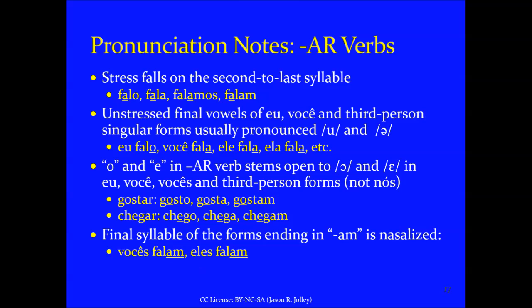So you're going to hear gosto for a verb like gostar, a verb with an o in the stem. Eu gosto, você gosta, eles gostam. Chegar, that e in the stem is going to open to é. Eu chego, ela chega, vocês chegam.